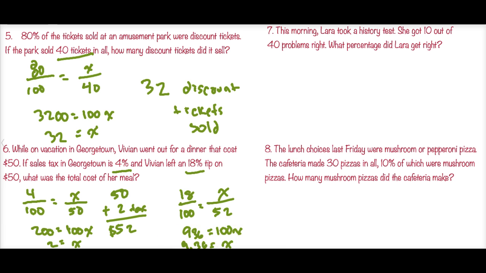So I have to add this on top of that. So this is the tip. So now it's going to be 52 plus 9.36. So our total is going to be 61.36. So that's my final answer right there, $61.36.